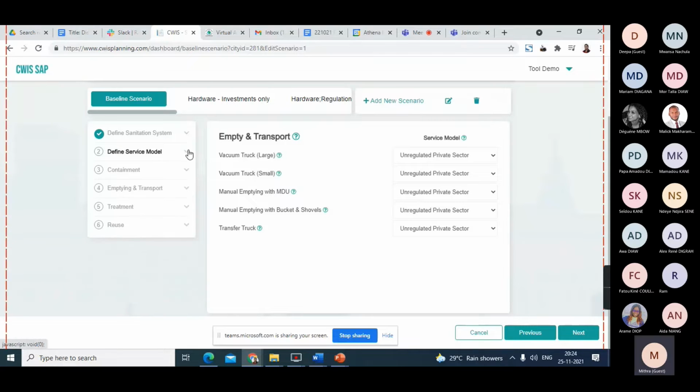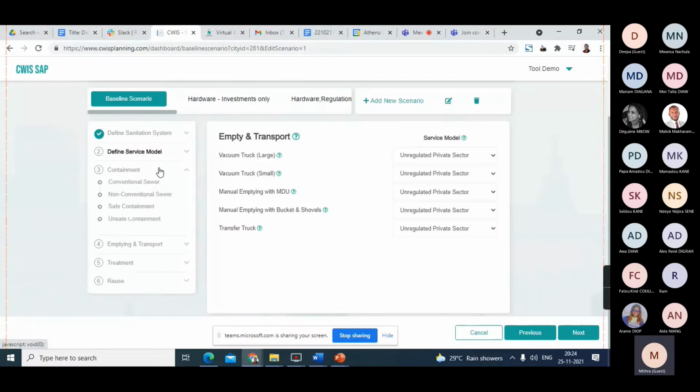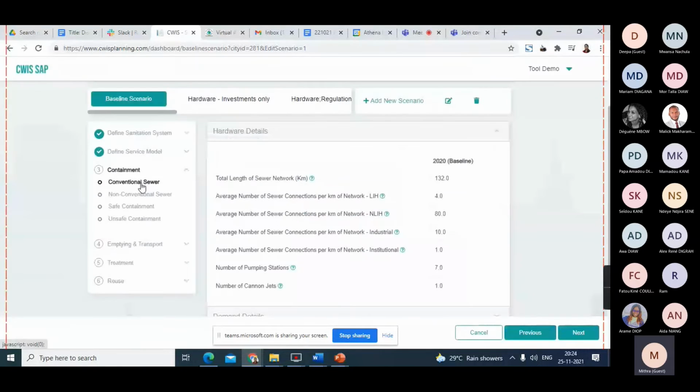Now, after defining the sanitation system and who provides the service for the entire value chain, we move to the section where from containment to reuse, it's arranged in a certain way that it is very similar in each of these categories. So I will move on to the containment, and there is a conventional sewer.